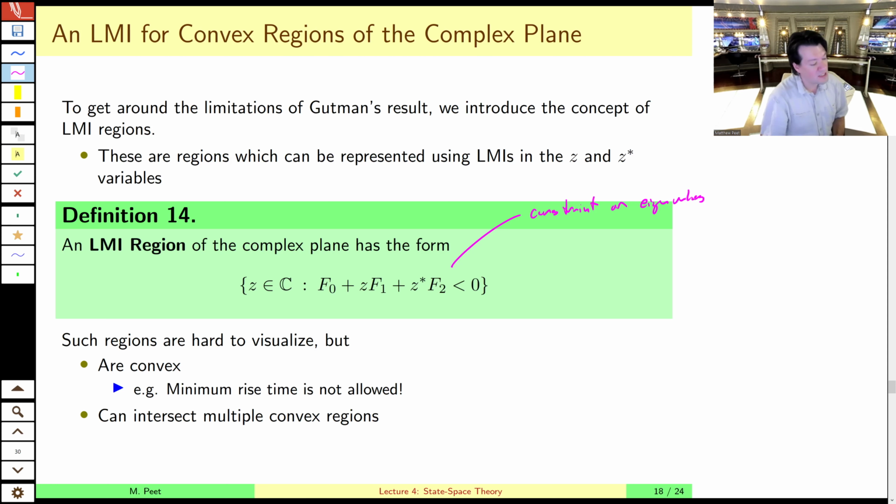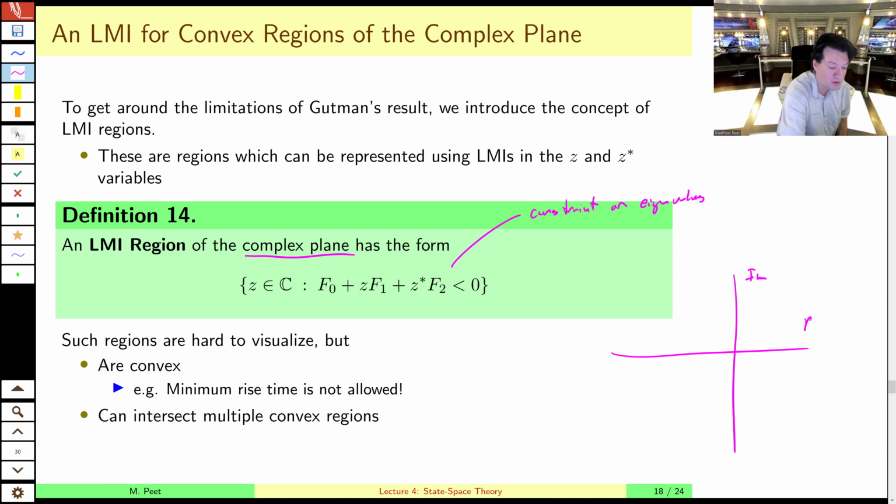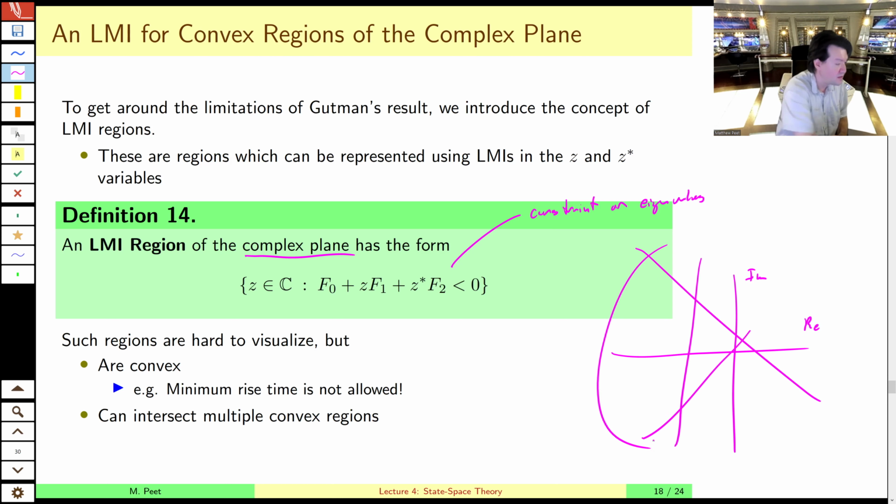Specifically, it's called an LMI region of the complex plane. So we're still working in the complex plane. This is the imaginary part, and this is the real part. But basically, can we represent this two-dimensional complex region, some region of the complex plane, like this, where we're looking for this region here? Can we represent that using an LMI on the eigenvalues?